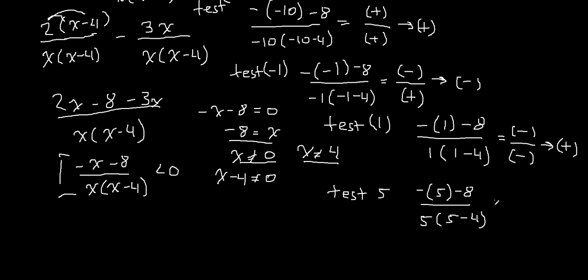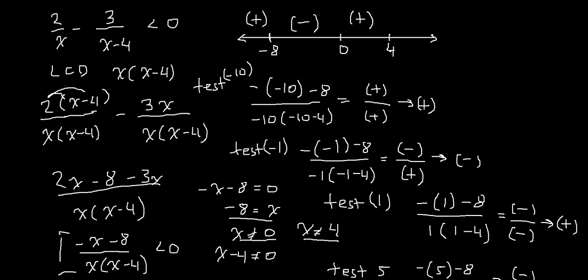Negative 5 minus 8 is negative 13, negative for the numerator. 5 and 5 minus 4 is a positive. Positive times positive is a positive, which will result in a negative, right? Negative over positive is a negative. I'm sorry, I'm not doing this very numerically, it's more theoretical.